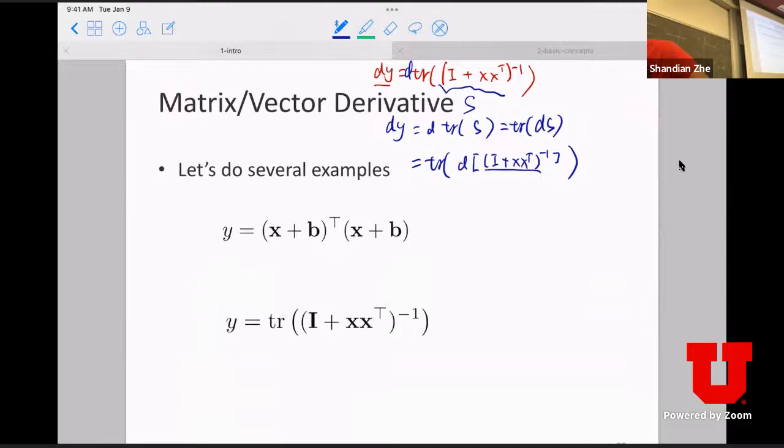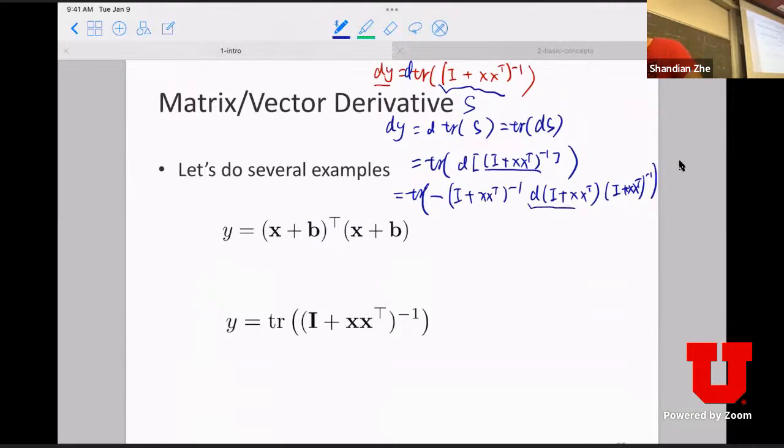It is equal to, we need to put a minus sign here, and then take the inverse of the matrix I plus XX transpose, then the derivative of I plus XX transpose, and then I plus XX transpose inverse again. This is just applying the rule we have seen.